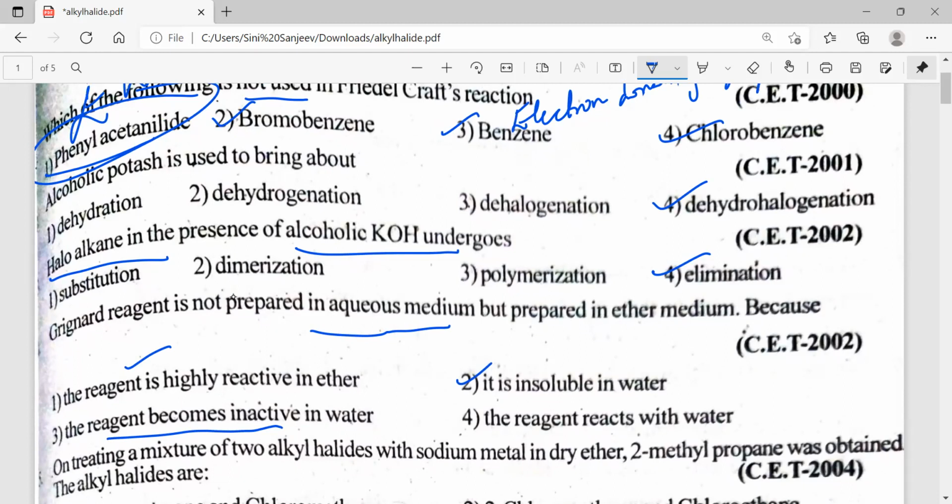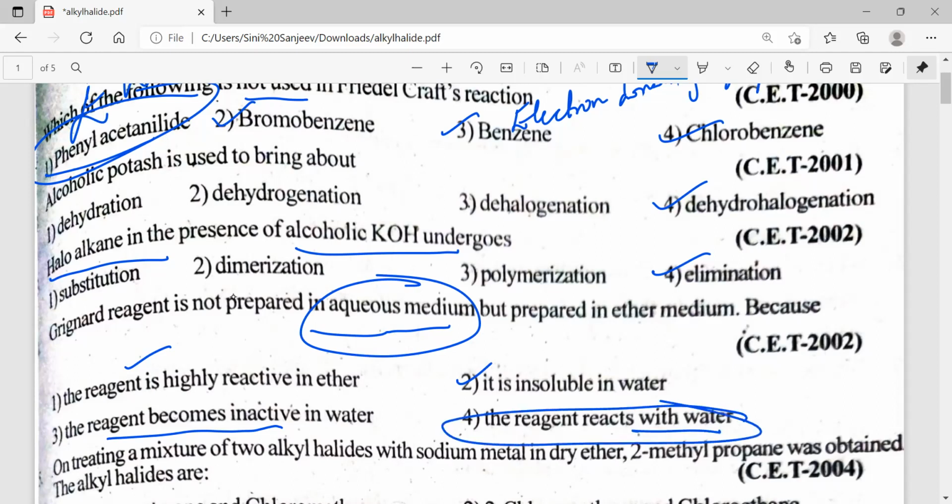First of all, it is given aqueous medium. Obviously, it will react with the aqueous medium, that is the main thing, to form alkane. Whether water is insoluble or not is not a problem for us. The main thing is the reagent should not react.